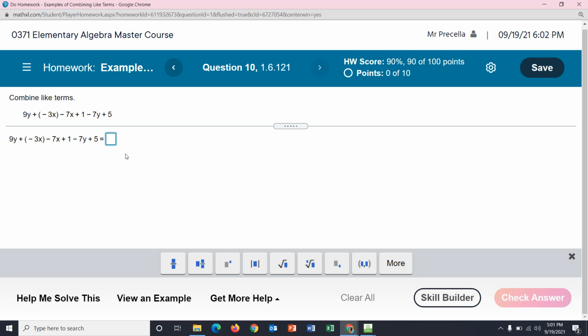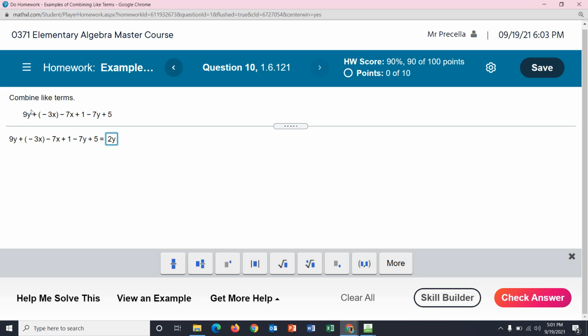I normally would start, okay, the first thing's a y, let's add the y's. We have a positive 9, and where's the other y term? Right here. Minus 7y. 9 minus 7, or if you want to think of it as 9 plus a negative 7, either way, that should be a 2y.